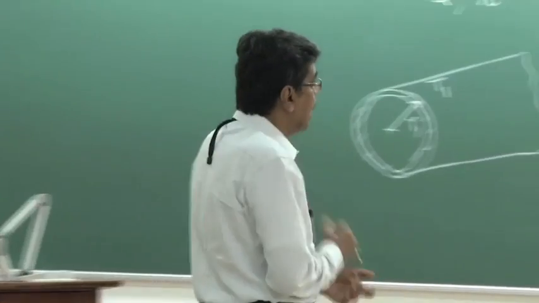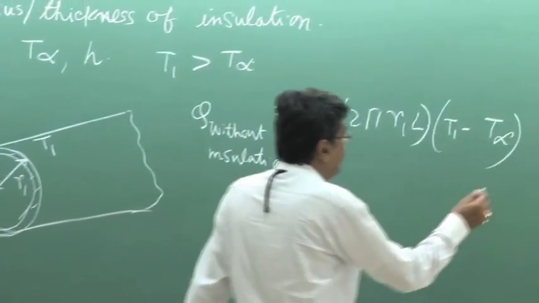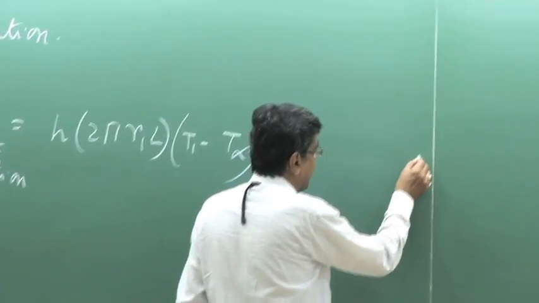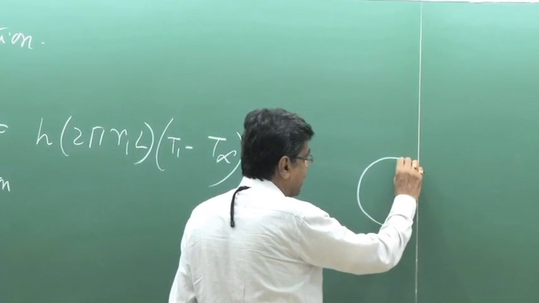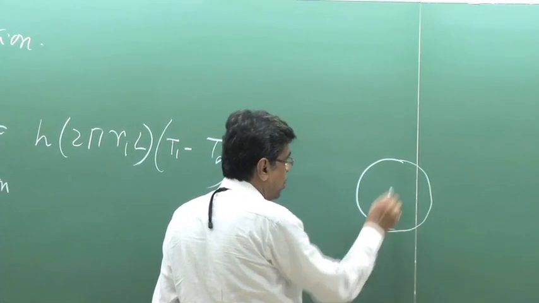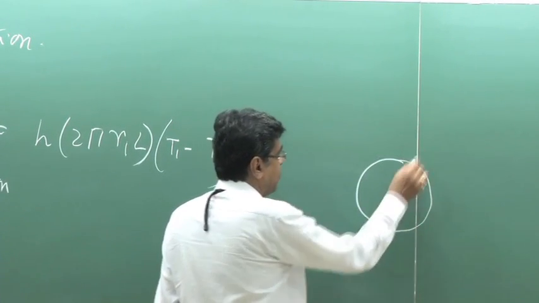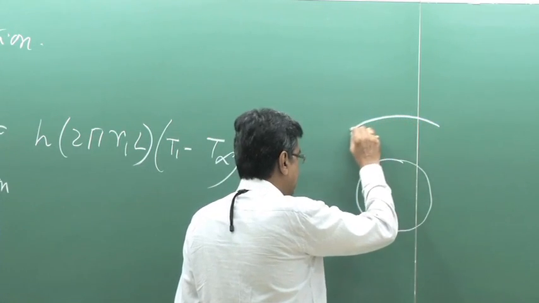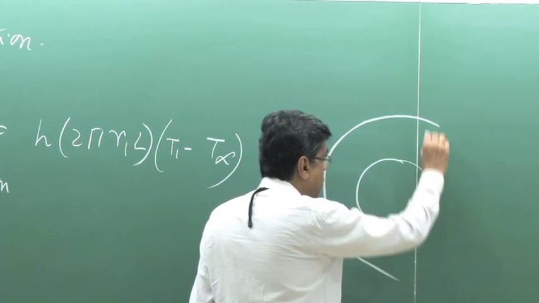Now if you do so, let us draw this here again. Front view, that is the r-theta plane. Let us have this insulation. I am only drawing the outer surface.